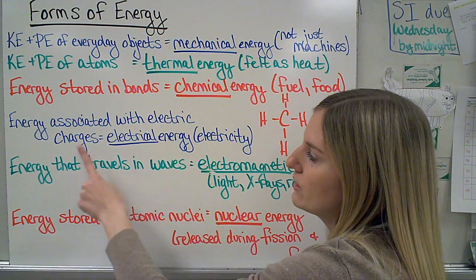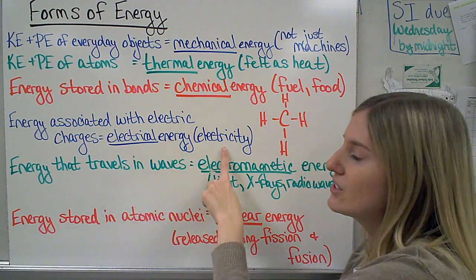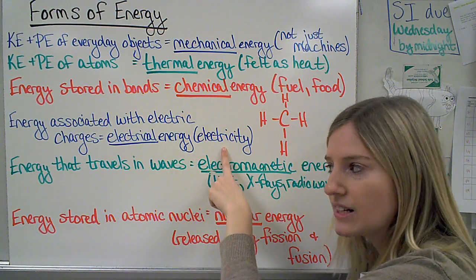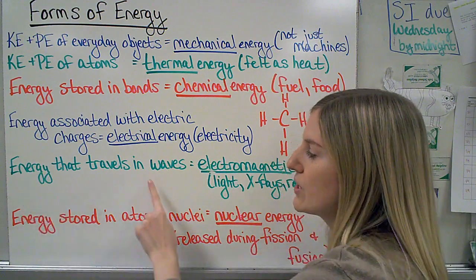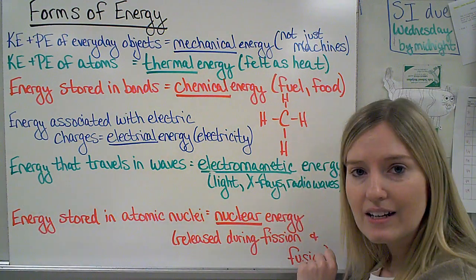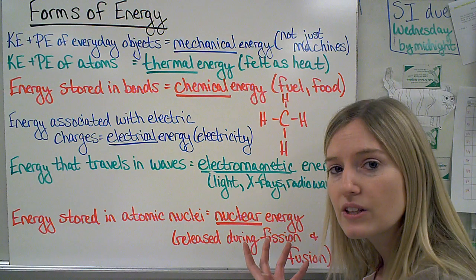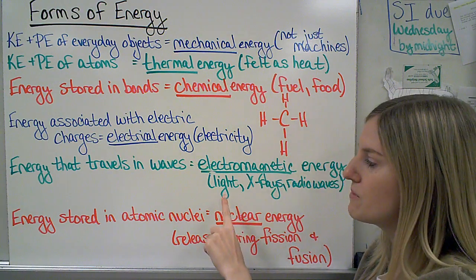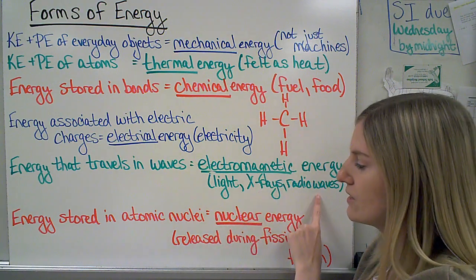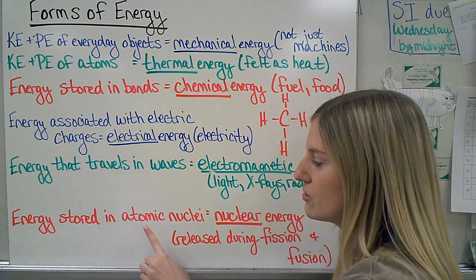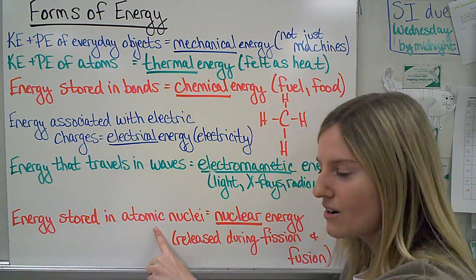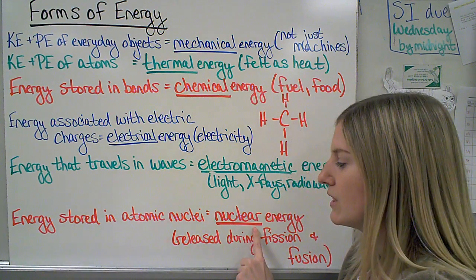Energy associated with electric charges is electrical energy, so that's going to be electricity, which we'll talk about later in the year. Energy that travels in waves is electromagnetic energy, another topic we'll cover later in the year. Some types of electromagnetic energy are light, X-rays, and radio waves. Energy stored in atomic nuclei, we just talked about recently. That's my nuclear energy.